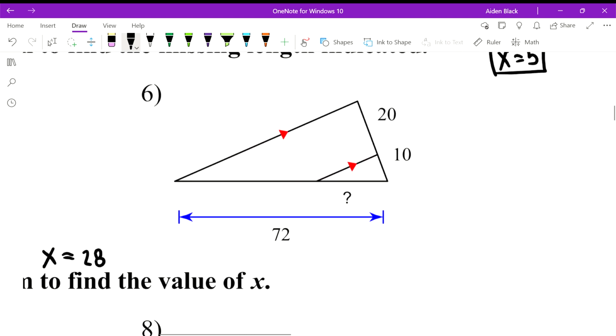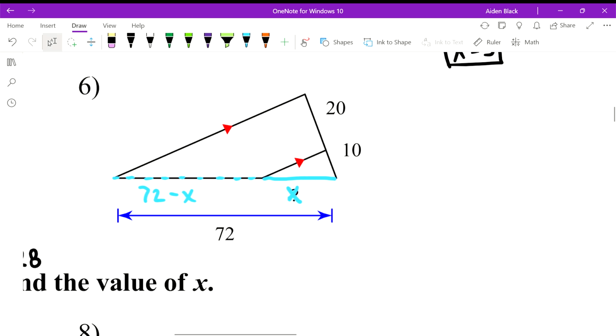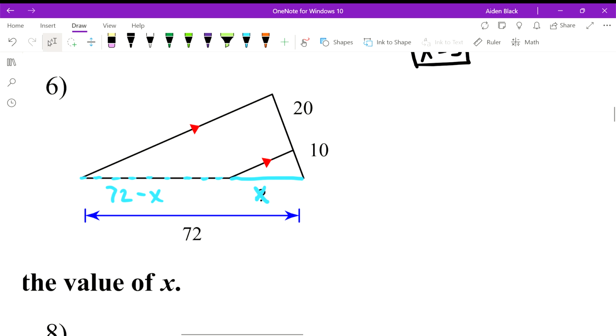This one will be a little bit more difficult. As you can tell, we don't have this value or this value, but we have them added up. So if we called this x, we can call this, the dotted line, 72 minus x, because it's that entire segment minus the segment that is x.